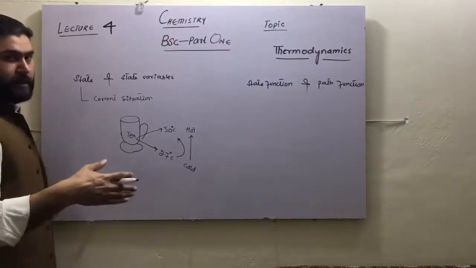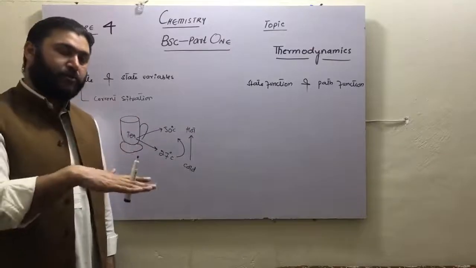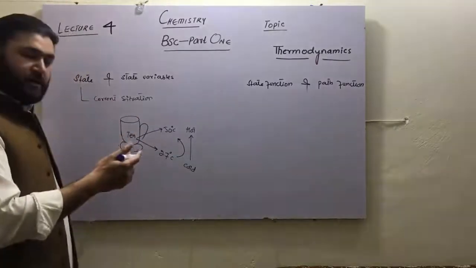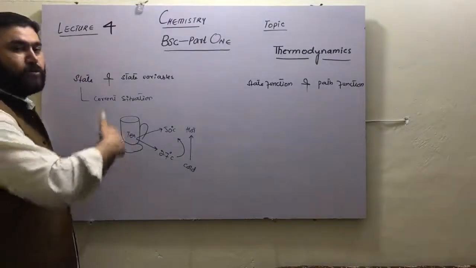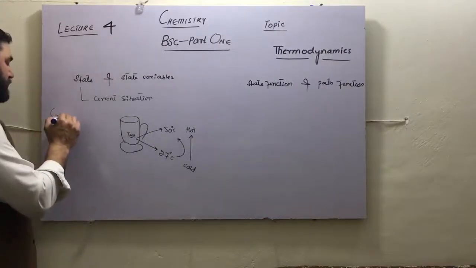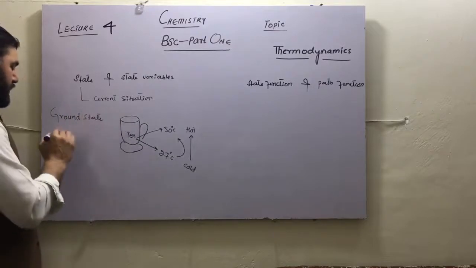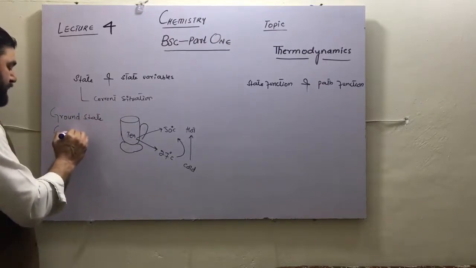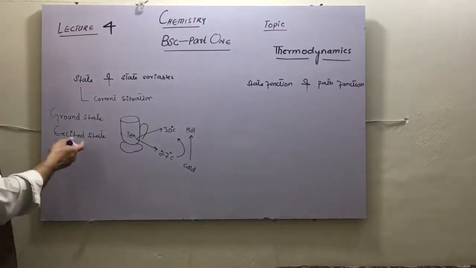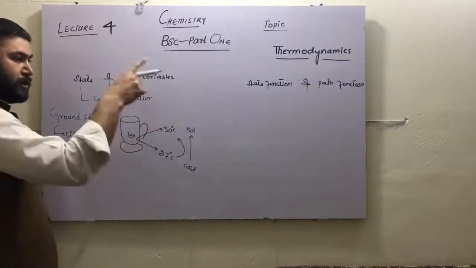We can say in electronic configuration we have discussed ground state and excited state. Ground state means when it is in the normal state, and excited state is when we have provided energy and the electron jumped from a lower atomic orbital to a higher atomic orbital. So ground state is when the energy is low, and excited state is when the energy of the electron is high, it is moving to a higher energy orbital level.